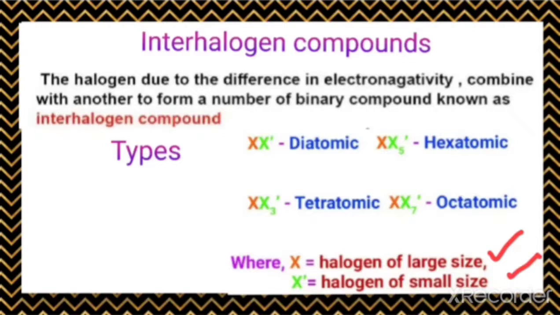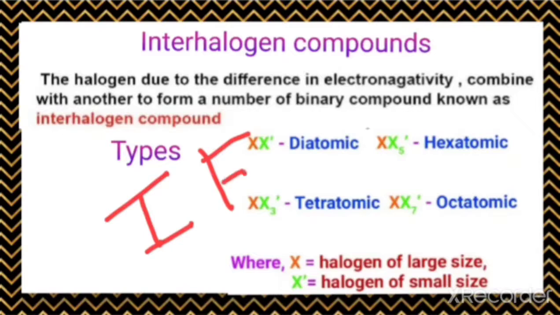So that we need to discuss here. For example, let us take one example, IF7. You are familiar with this compound IF7. This is an interhalogen compound. Why? Because it is made up of two different halogens, iodine and fluorine, where fluorine is represented here as X dash.